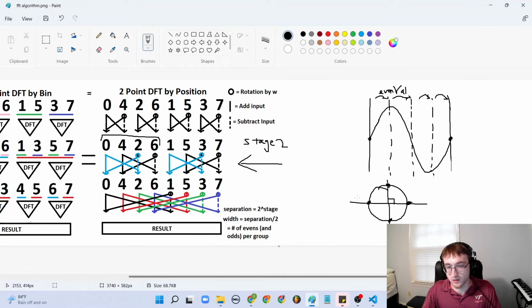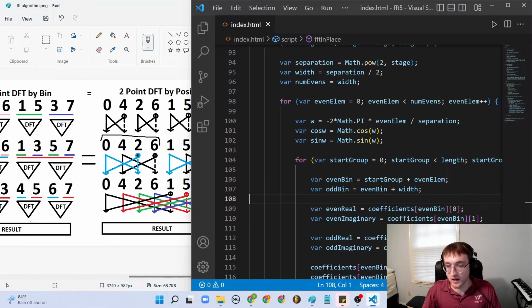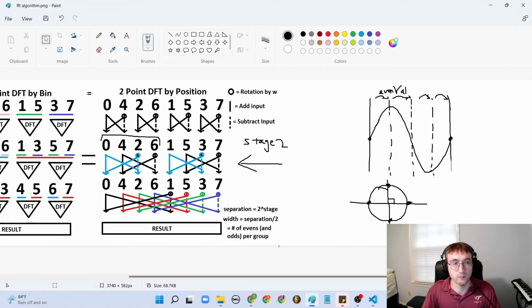So what does that mean? Well, it means that instead of calculating new sine and cosine components for each even element, and I misspelled, it's not even val, it's even element, instead of recalculating the cosine and sine positions each time we increment even element, why don't we just rotate by 90 degrees?